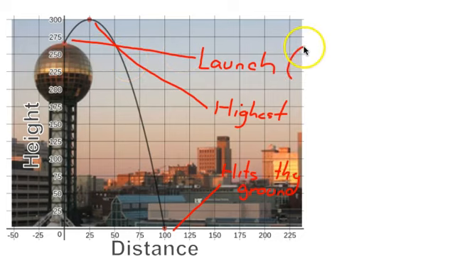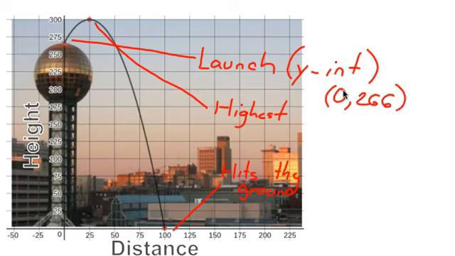That launch point, when I set this up, is just my y-intercept, or my initial value. So in this case, as a coordinate pair, I can see that that is at (0, 266), and I know that's 266 because that's the height of the Sun Sphere. I've set this up purposefully that way so that that number actually has a real meaning. That 266 tells us how many feet above the ground.